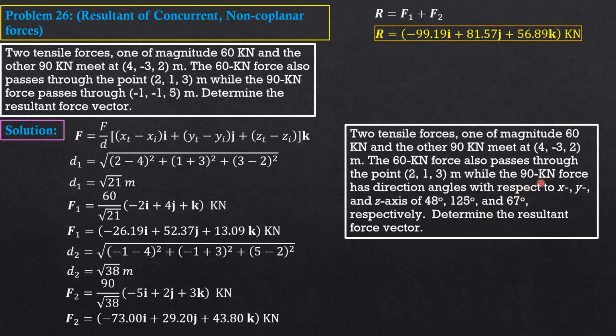You have experienced already how to transform a force in vector form with angular components given the direction angles. So determine the resultant force vector and show that this would be the result. That's for your part. Pause the video and answer this problem.